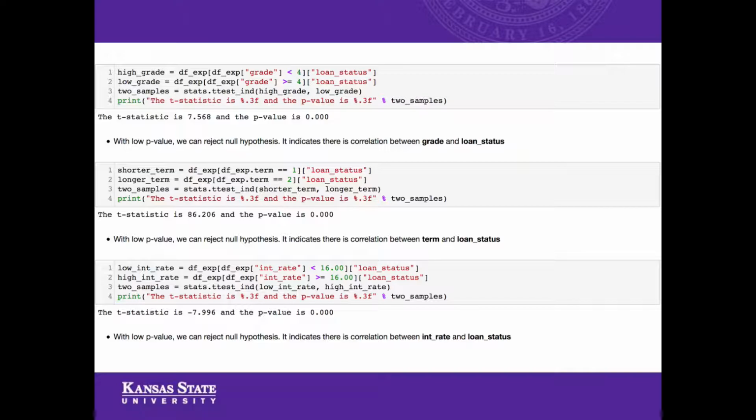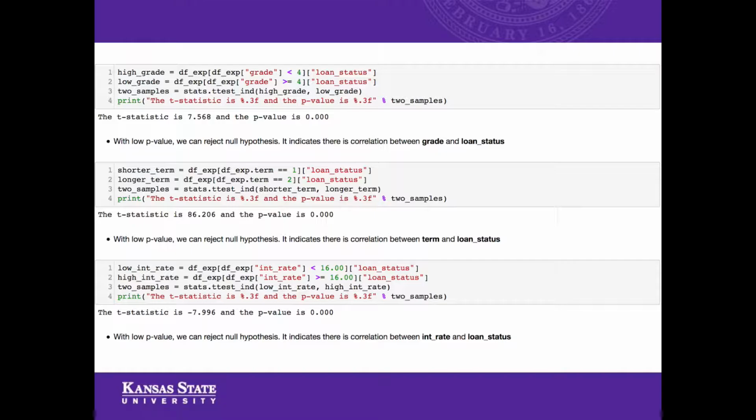We also conducted a correlation analysis, and we barely see any noticeable correlations between loan status and other factors. So we decided to conduct a t-test with some columns that we picked against the loan status factor.